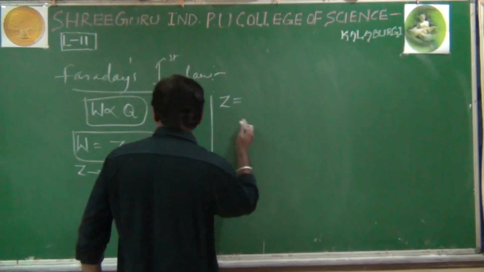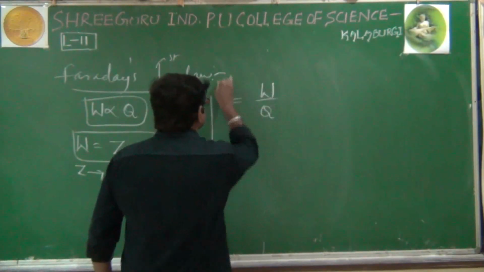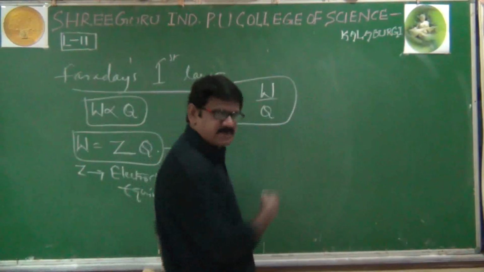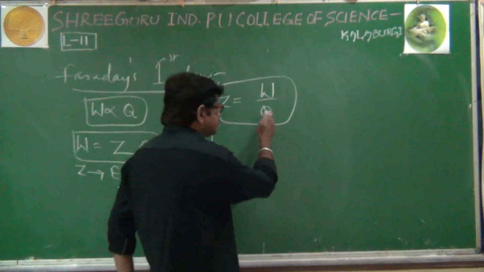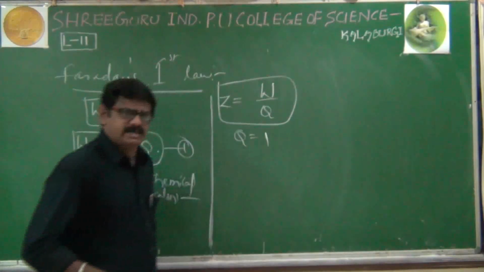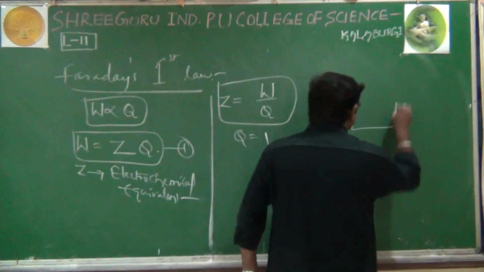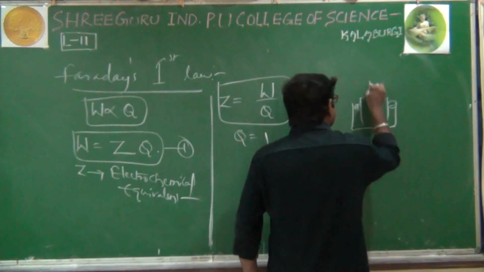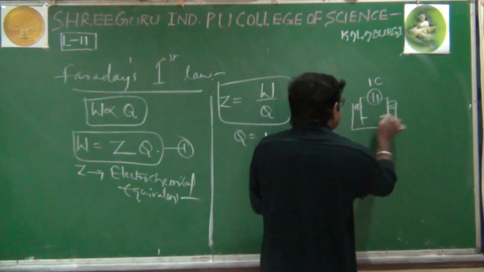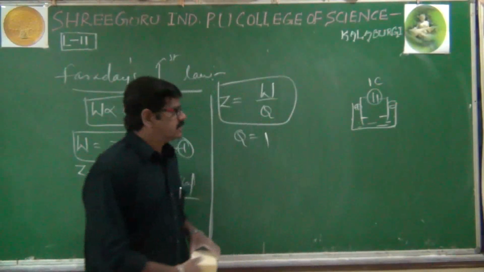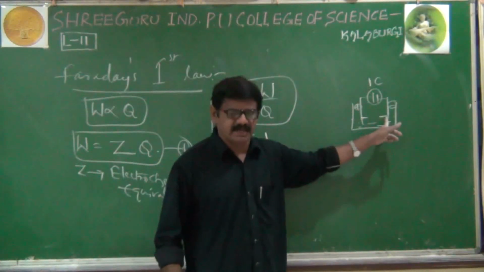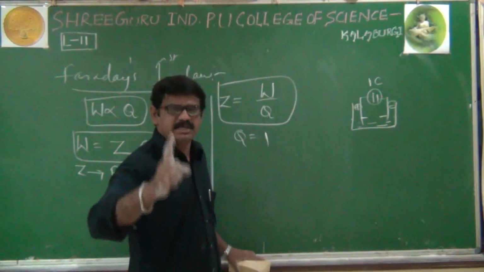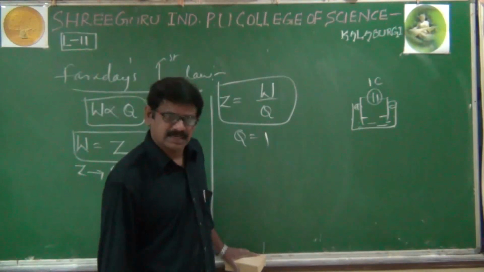Therefore, Z is equal to W by Q. Now in the electrolysis process, if from the battery I send only 1 coulomb of current into this electrolytic cell, then some amount of substance is deposited definitely. That amount itself is called the electrochemical equivalent.